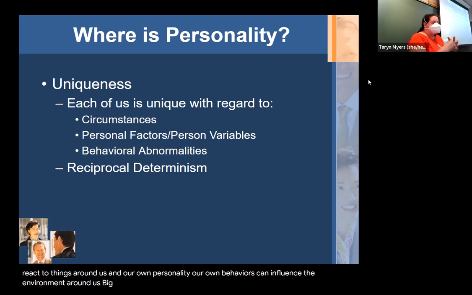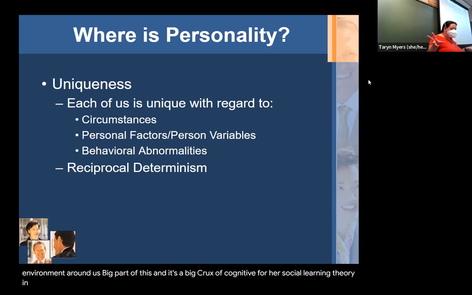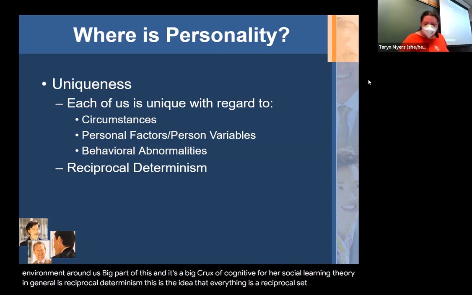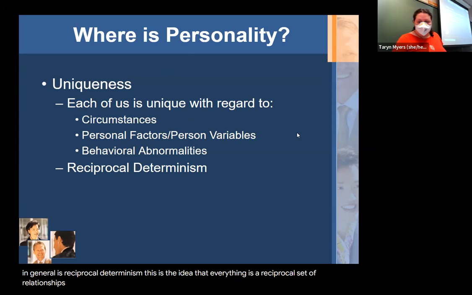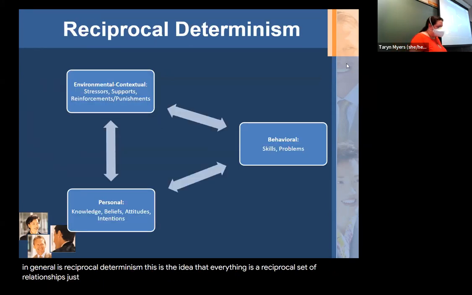A big part of this, and it's a big crux of cognitive social learning theory in general, is reciprocal determinism. This is the idea that everything is a reciprocal set of relationships, which is best illustrated by this lovely diagram.